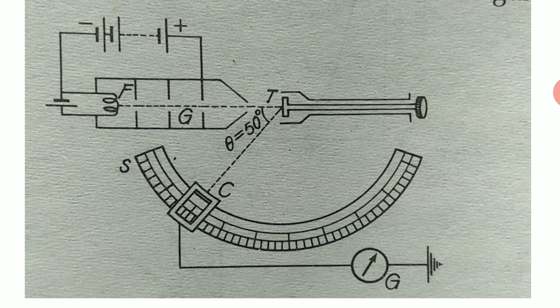In this diagram, F is a filament heated electrically to emit electrons.